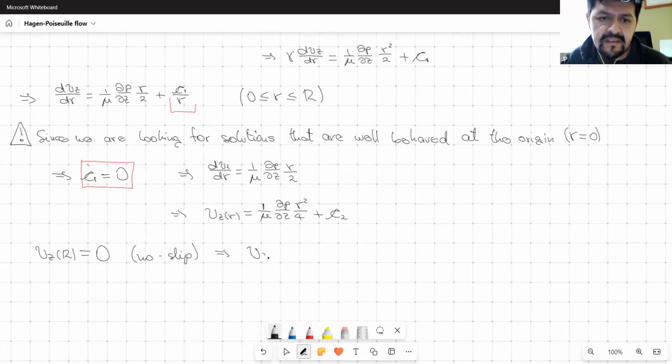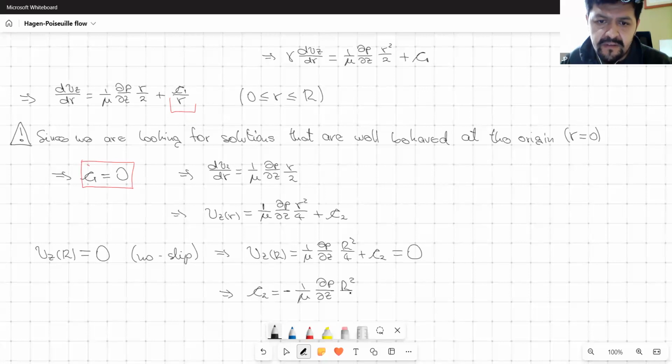So that implies that if we evaluate the solution at the radius of the pipe, we obtain this. We just switch from lowercase to uppercase R, and that must be 0. So if we solve for C2 from the right-hand side, we'll see that C2 is negative 1 over mu, the partial dp/dz, R squared over 4.